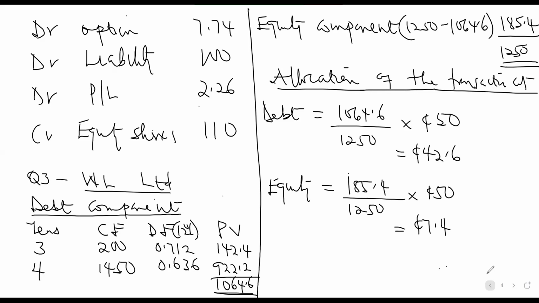That is what you are going to be using as a discount factor. But the interest will be paid on the nominal value. So the coupon rate will not be what you use to discount the cash flows. The present value will always be calculated using the market interest rate of a similar bond without conversion, which is at 12%.